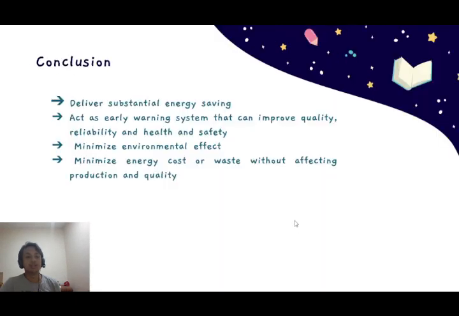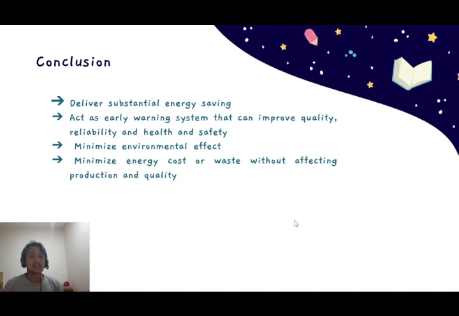We go to the conclusion about a guide to energy monitoring and targeting. This subject, energy monitoring and targeting, will deliver substantial energy savings. It also acts as an early warning system that can improve quality, reliability, and health and safety.